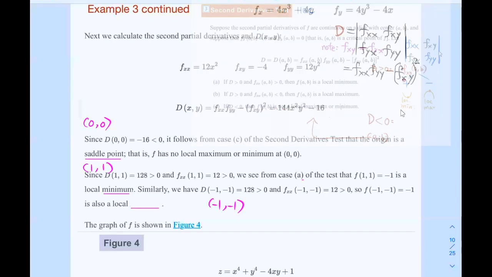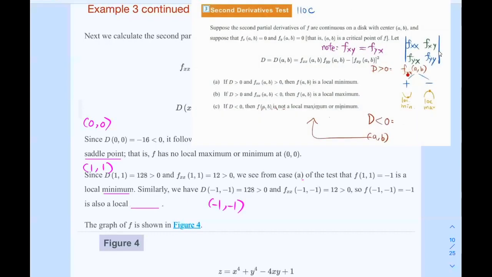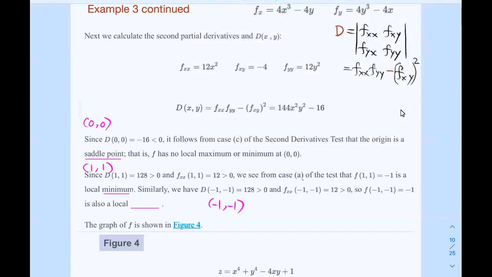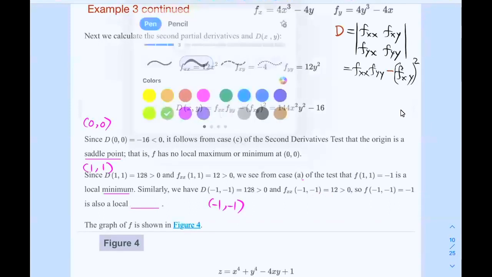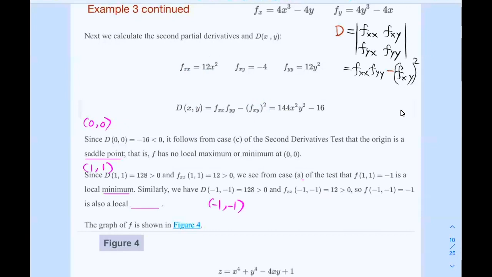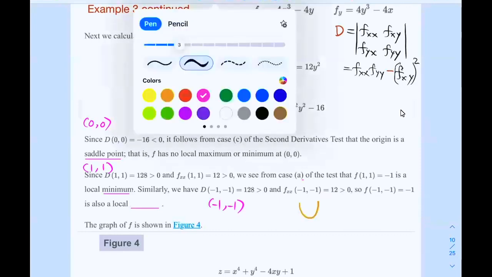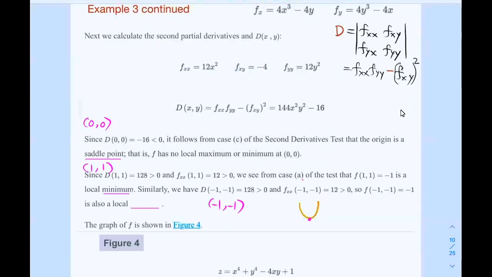So it's a local minimum. Remember, think about it like the second derivative, concave up like this. Then this has to be a local minimum, right? So that's a local minimum.